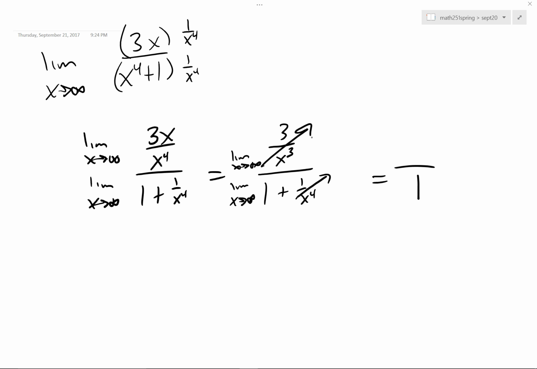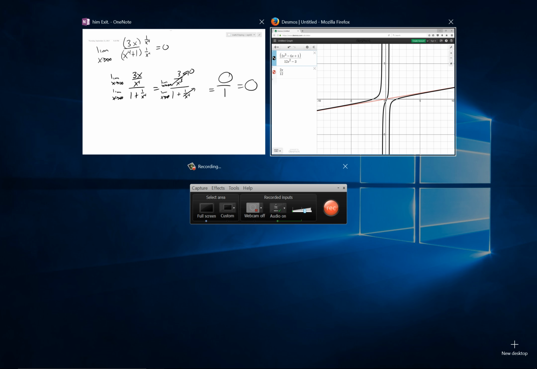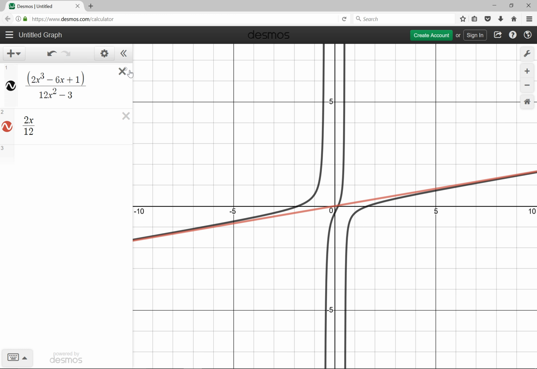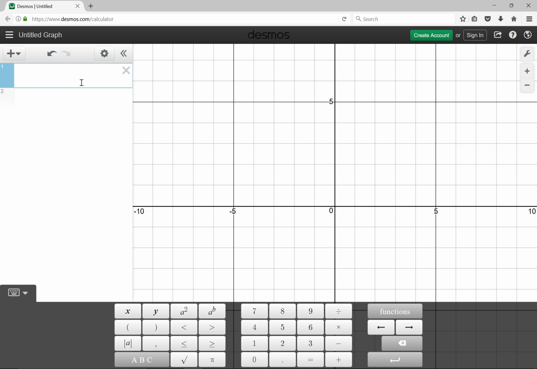But the numerator is going to 0, meaning the entire fraction is going to 0. And if you graph that, that's exactly what you will see. Something like that.